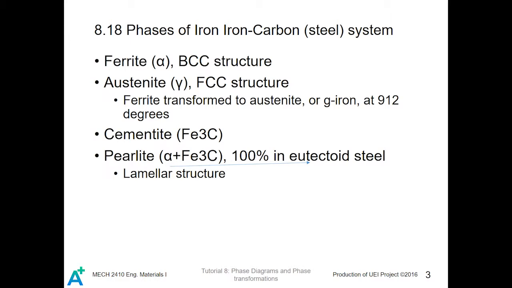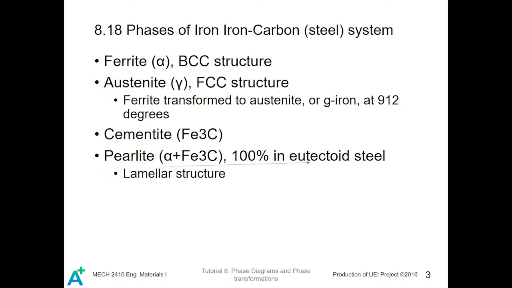Phases of the iron-iron carbon steel system. Ferrite, denoted by alpha, is a BCC structured iron, and if you still remember, it is the small strip at the left of the phase diagram. Austenite, denoted by gamma, is the FCC structure.